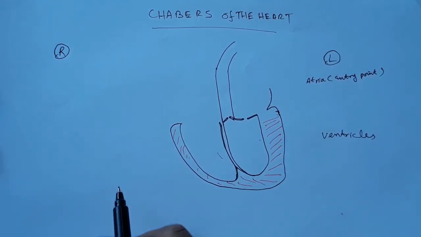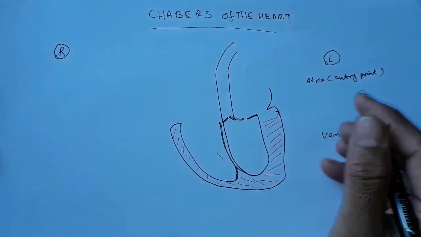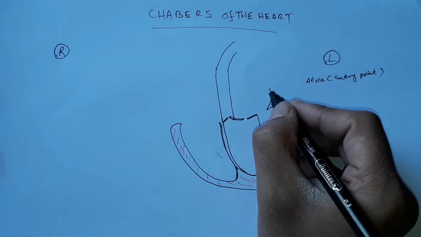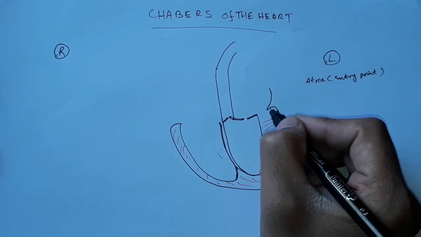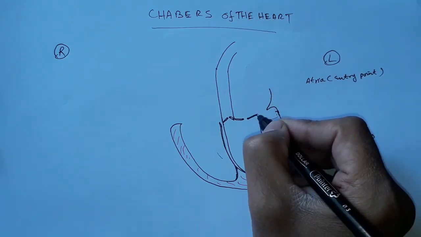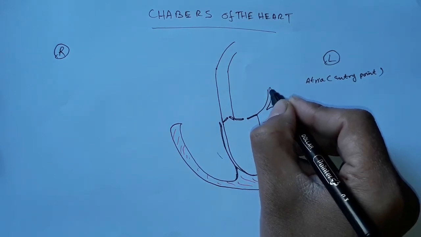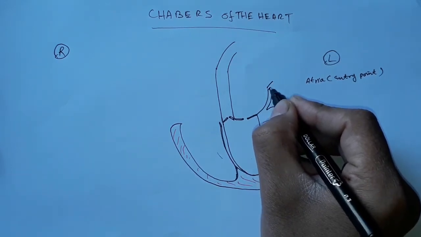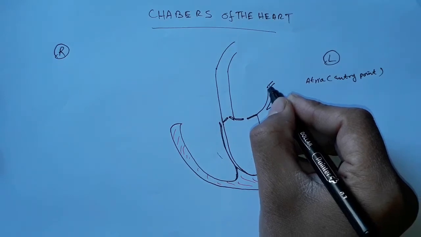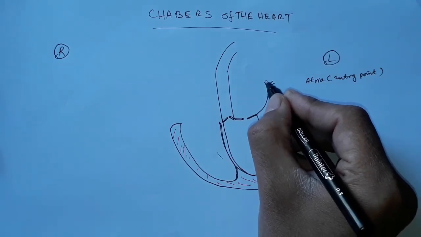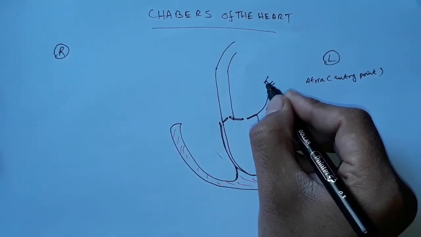And running into the atria, there are 4 large veins in human beings. So we will draw here 4 veins.